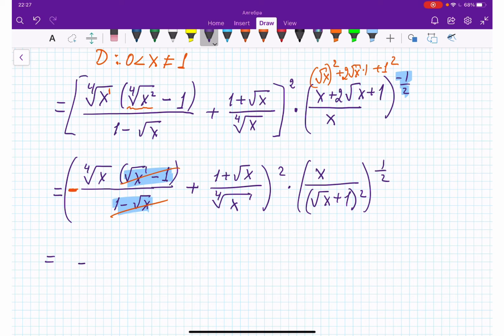equal negative radical degree 4 of x plus 1 plus square root of x over radical degree 4 of x plus, okay, actually multiply.